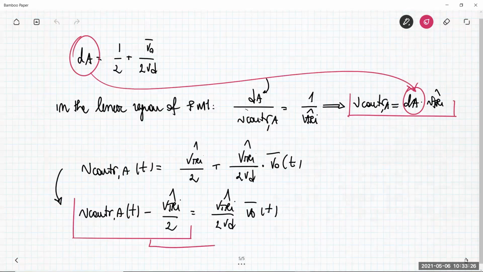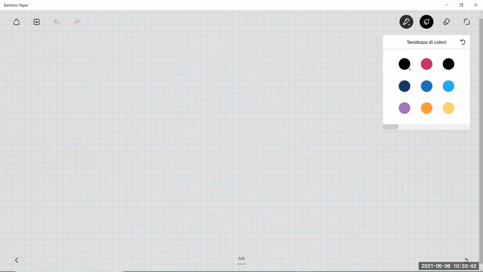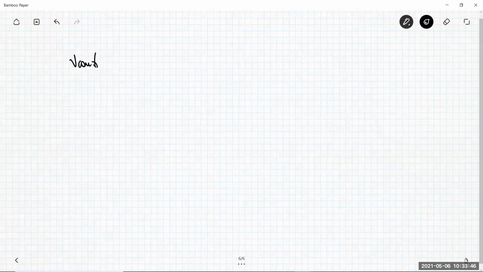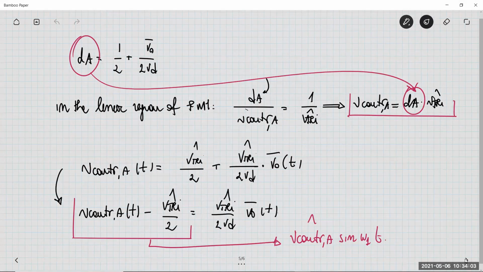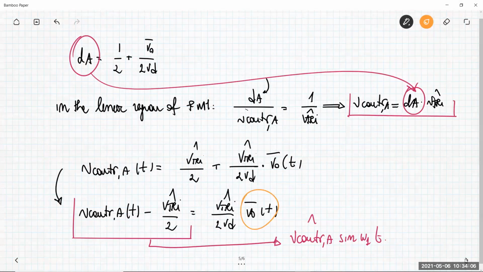So this one is V control A peak sine omega 1t, which is equal to V triangular peak divided by 2 Vd multiplied by the average value of the output voltage V naught.